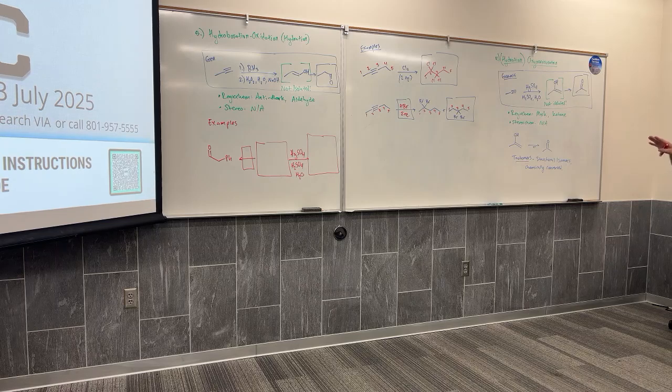This example problem has one precursor in the middle that's not given to you. Going to the left, it gives you a certain product. Going to the right with different reagents, it gives you a different product.